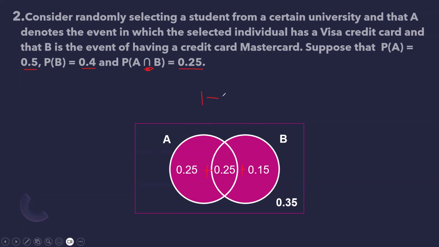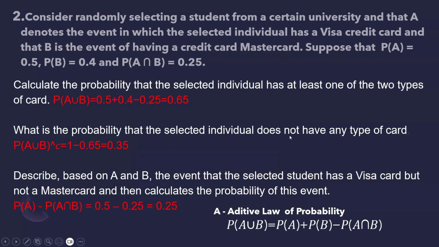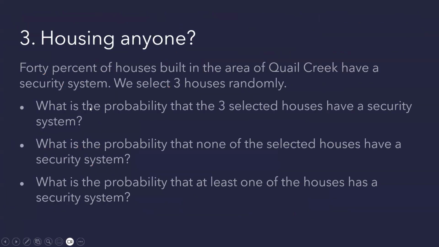And 1 minus the sum of this, 0.65, is going to give us this 0.35. If it's easier sometimes to draw it, go ahead and draw it. So here it is: 0.65, 0.35, and 0.25. This is the additive law, the one we used for this particular answer.